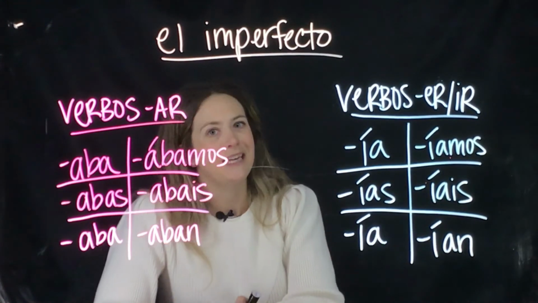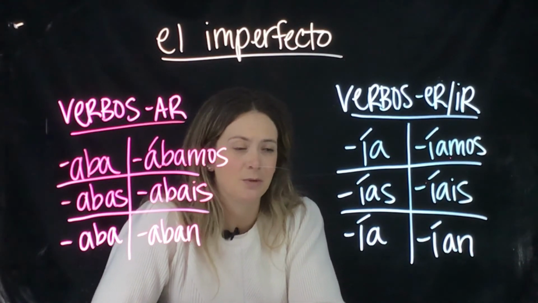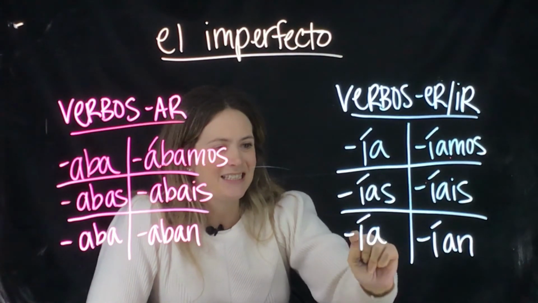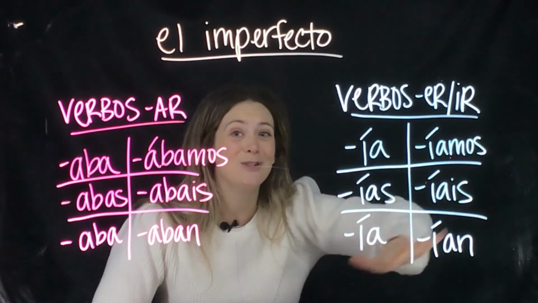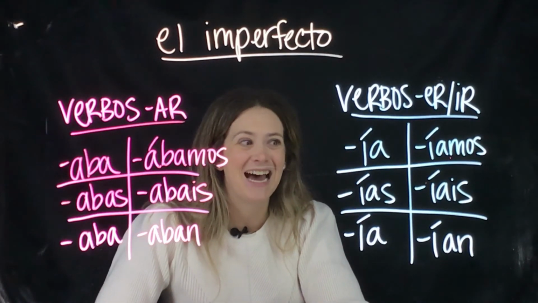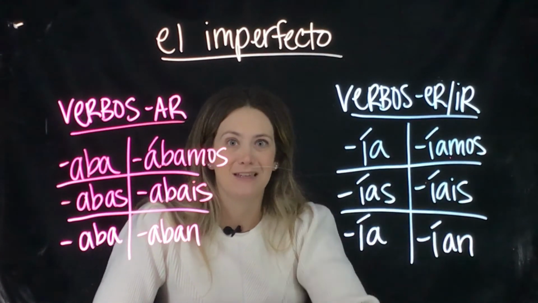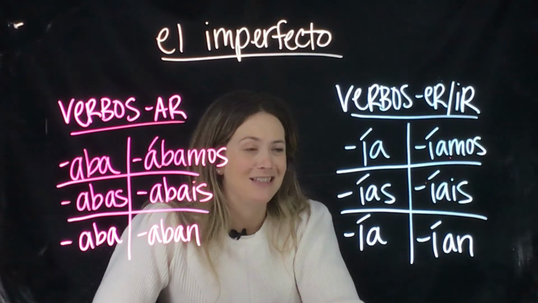Again, I will give you a minute to make sure that those are typed in correctly to your notes. Ia, ias, ia, íamos, íais, ian, con acentos en todas las formas, always on that I. Now, the vosotros form does have 2 I's, so make sure that you know it's on the first of those 2 I's in the ending.